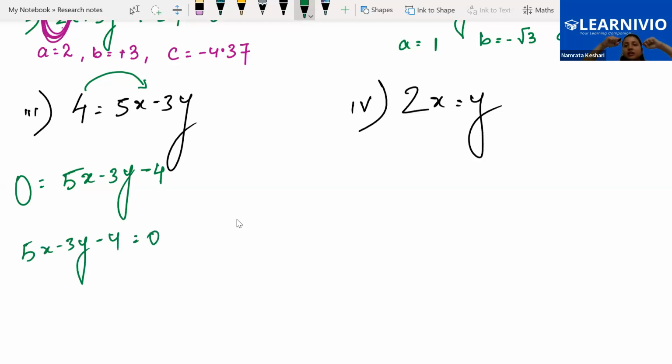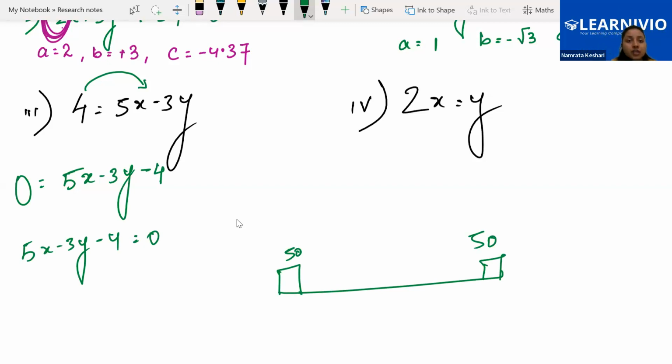Suppose here Mr. A is sitting and on the other side Mr. B is sitting, even if we change the side, it doesn't matter. It's just like a seesaw. If here a 50 kg person is there, here a 50 kg person is there, even if we change the side, it will still be in equilibrium.